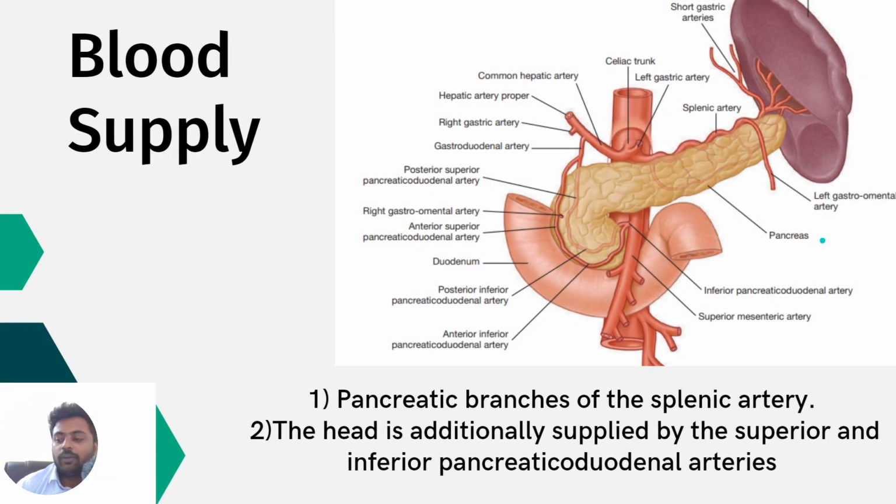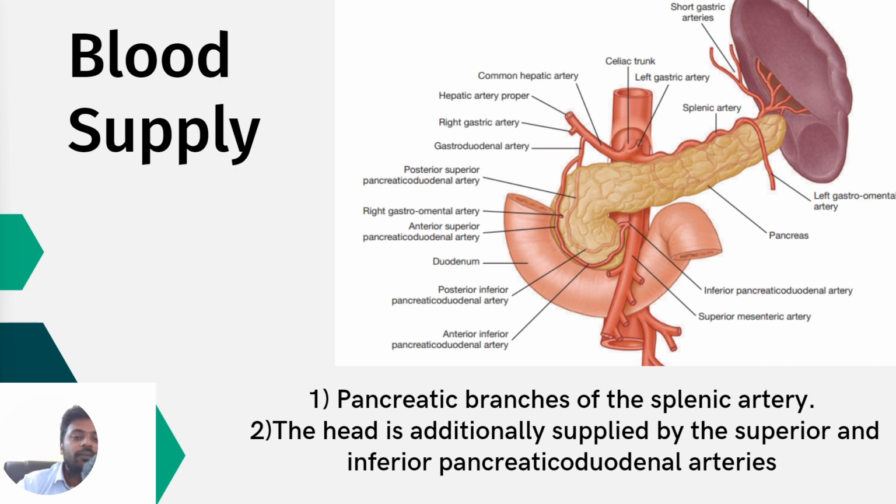Blood supply to the pancreas. The pancreas is a highly vascular organ. It is supplied by the pancreatic branches of the splenic artery. The head is additionally supplied by the superior and inferior pancreaticoduodenal arteries, which are branches of the gastroduodenal artery.